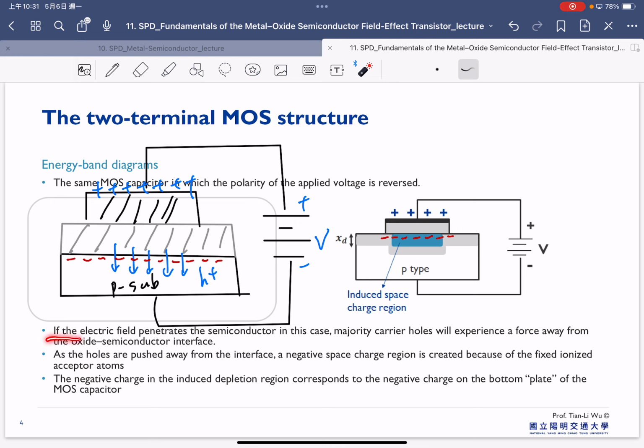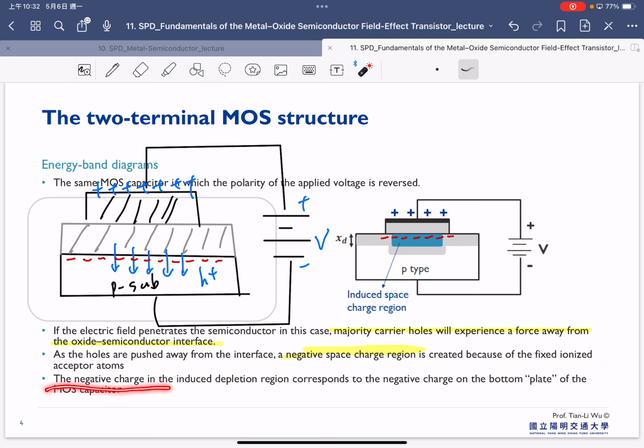If the electric field penetrates the semiconductor, in this case the majority carrier holes will experience a force away from the oxide-semiconductor interface. As the holes are pushed away from this interface, a negative space charge region is created because of fixed ionized acceptor atoms here.